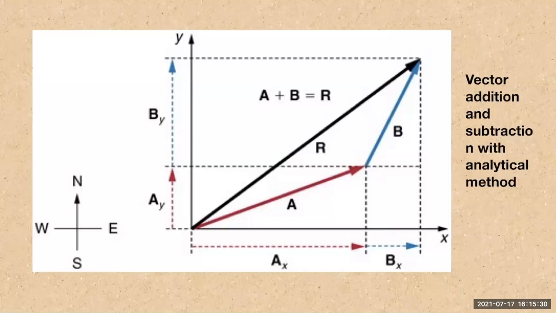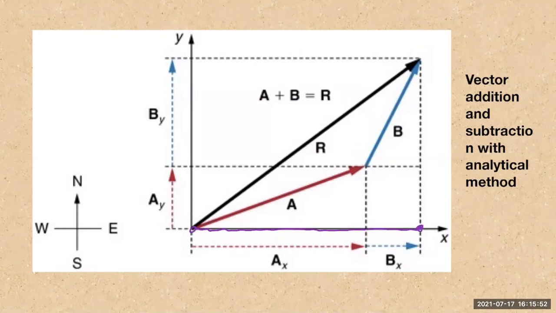So you can see clearly from this diagram how we find the x component of vector R. Now, the x component of vector R is this length, from here to there, right?